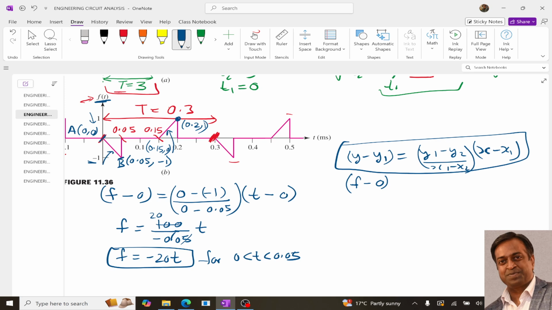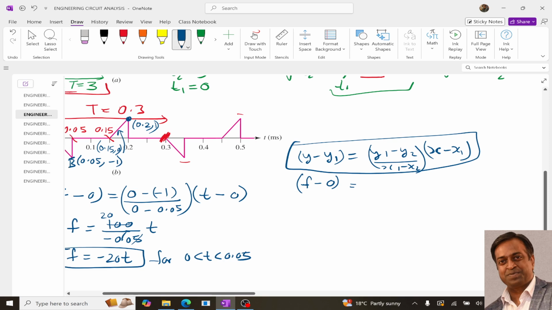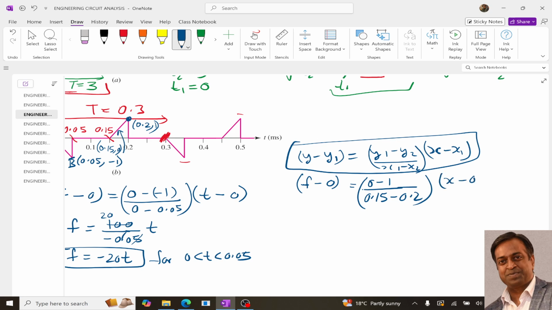So following this, y minus 0 equals to 0 minus 1 upon 0.15 minus 0.2 x minus 0.15, right? So it is f equals to 1 minus 1 upon minus 0.05 x minus 0.15, right? So this will become this minus minus cancel out, this 100 and then cancel, so it is 20.